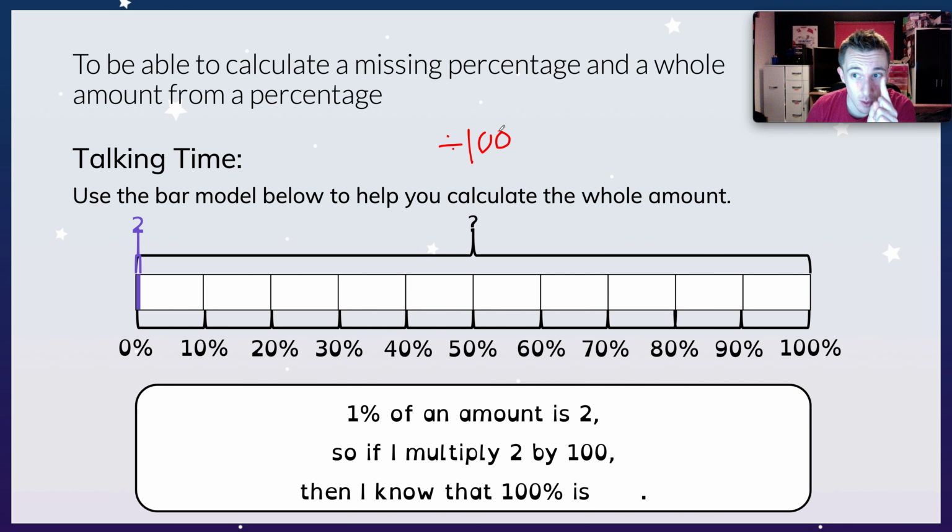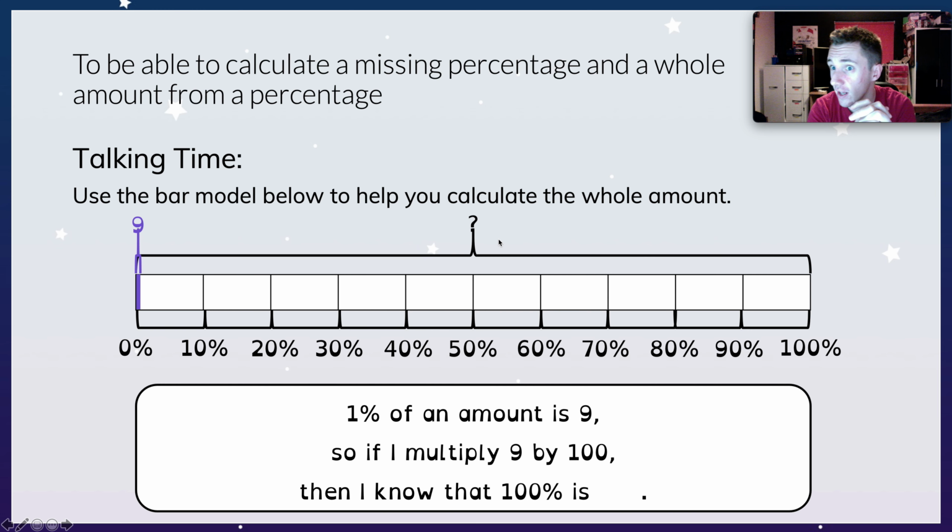Therefore, I'm going to do the opposite. I've been given 1%. If I times that 1% by 100, it will give me my original number. So 2 times 100 is 200.